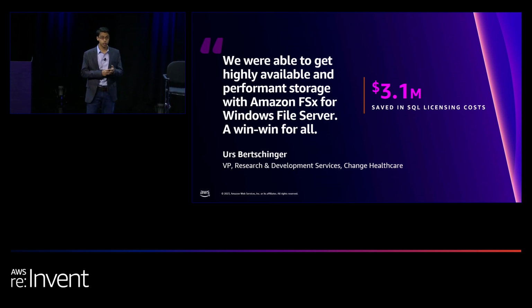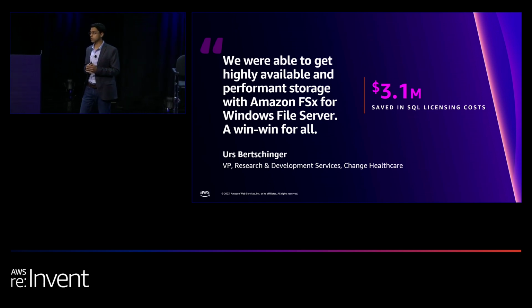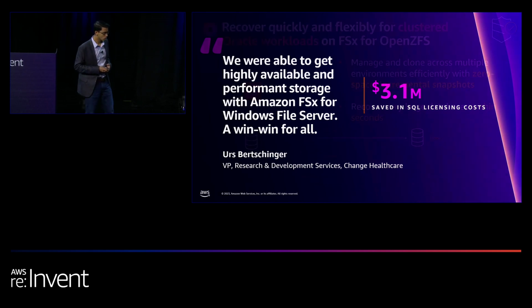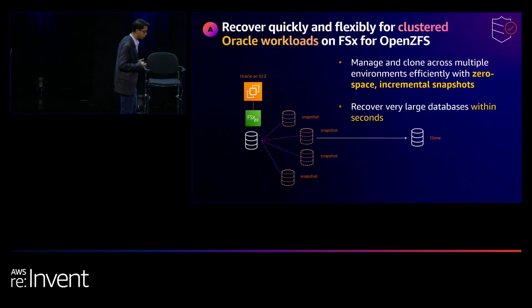They used multi-AZ storage and failover cluster instances to give them that high availability benefit. They used the high performance of their Amazon FSx file systems to deliver, in their case, consistent tens of thousands of IOPS across their SQL Server nodes powered by a single file system. And by leveraging SQL Server Standard, they were able to save more than $3 million in licensing costs. So that's our first example of SQL Server.